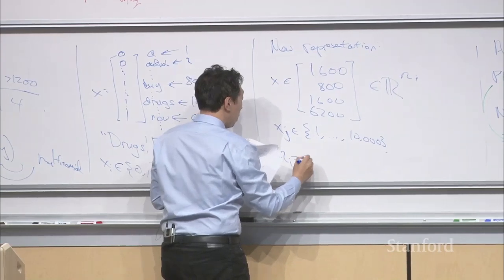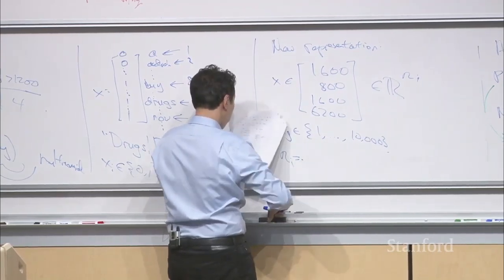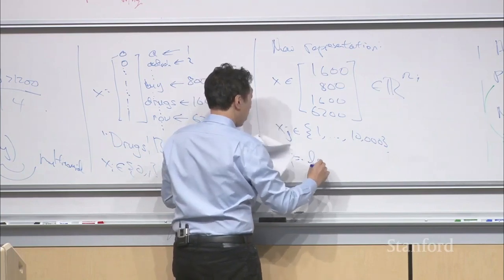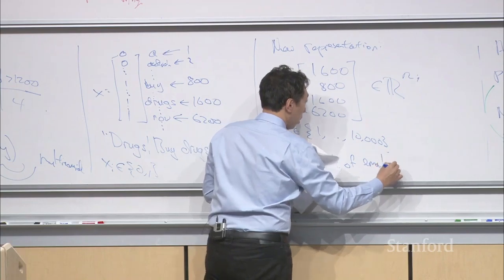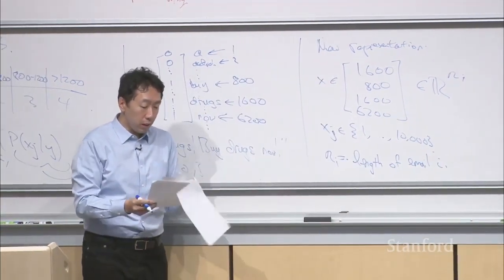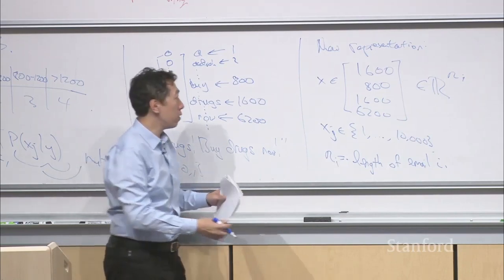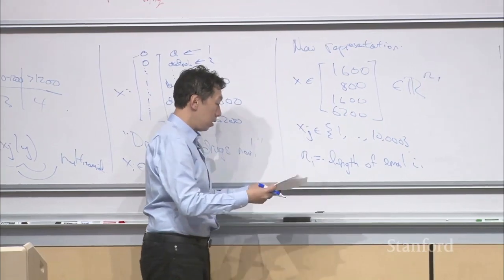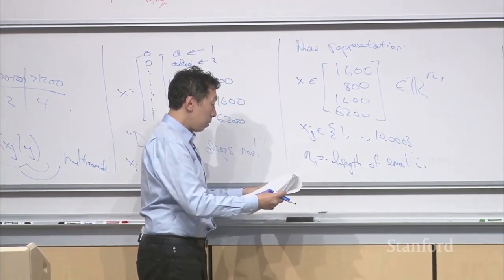So ni is the length of email i. If it's a longer email, the feature vector x will be longer, and if it's a shorter email, this feature vector will be shorter.